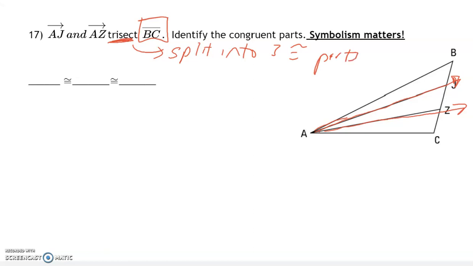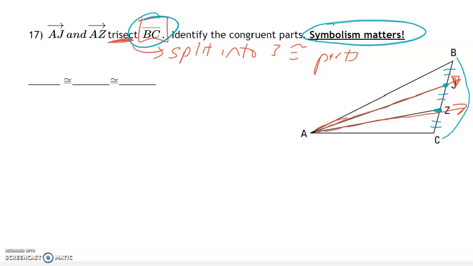So this segment BC, this entirety of a segment, is split into 3 equal parts. Each of these segments has to be the same length because these two rays are doing the chopping, splitting the segment right here and here into 3 equal parts.